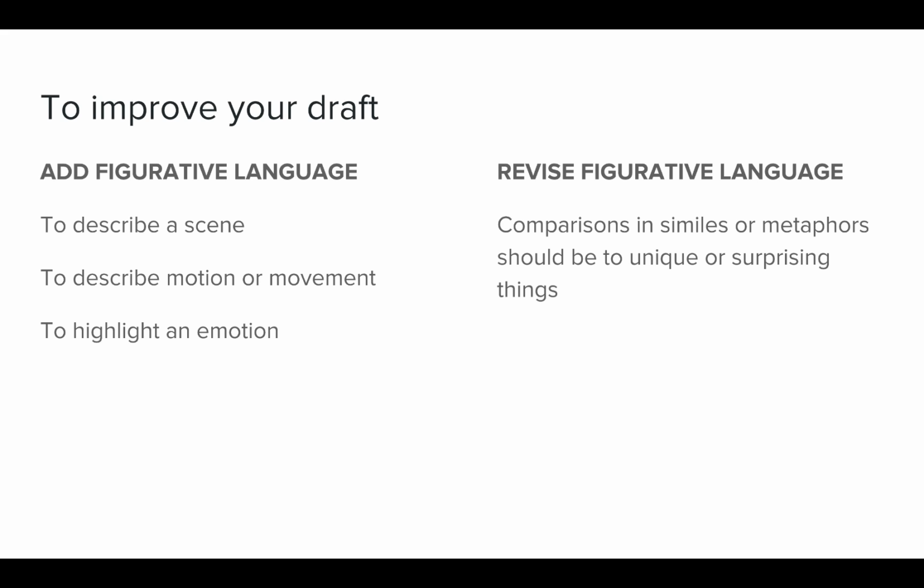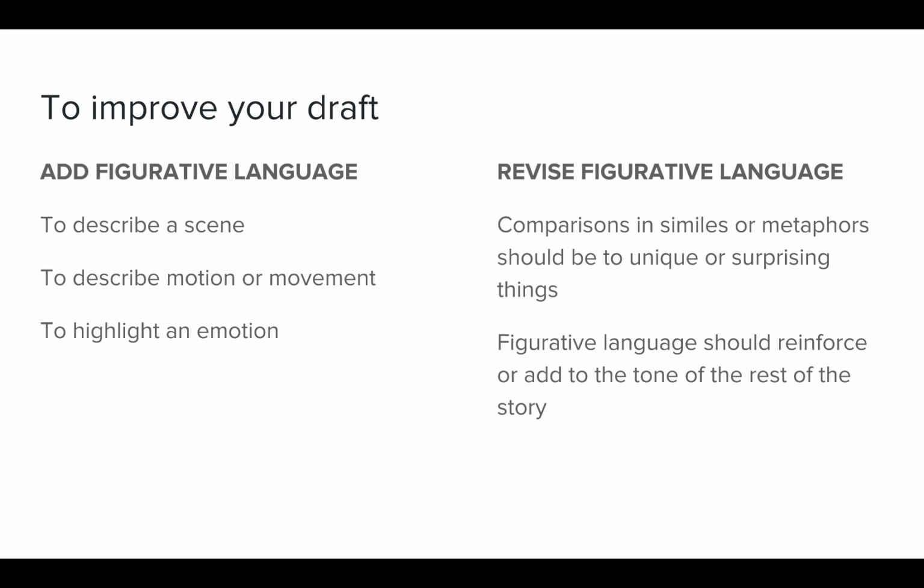Remember that comparisons and similes or metaphors should be to unique or surprising things. You don't want to compare fog to a cloud, but you might compare fog to wool, or fog to yarn, or fog to oatmeal would be more interesting. And the figurative language should reinforce or add to the tone of the rest of the story, so make sure it matches and creates the tone that you're trying to set as the author.